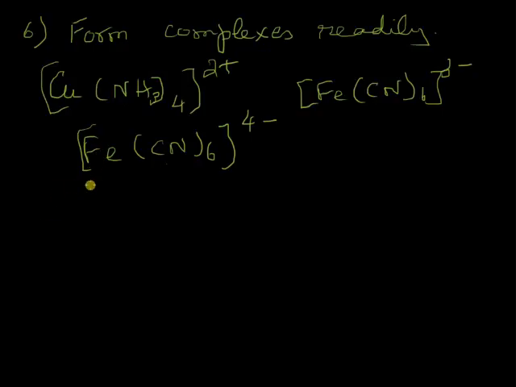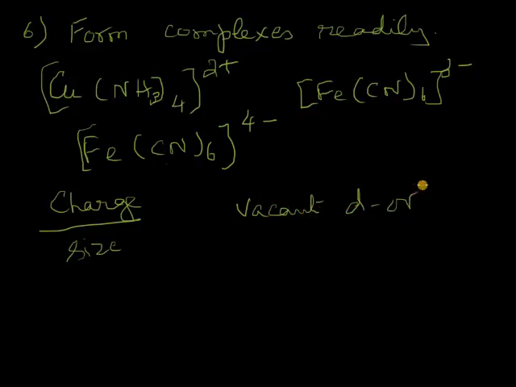For complex formation, two things are essential: charge by size ratio, that is charge by size of the metallic ion ratio. If it is high, it will favor complex formation. Also, the metal ion must have vacant d orbitals where the electron pairs that are donated by the ligands can be accommodated.